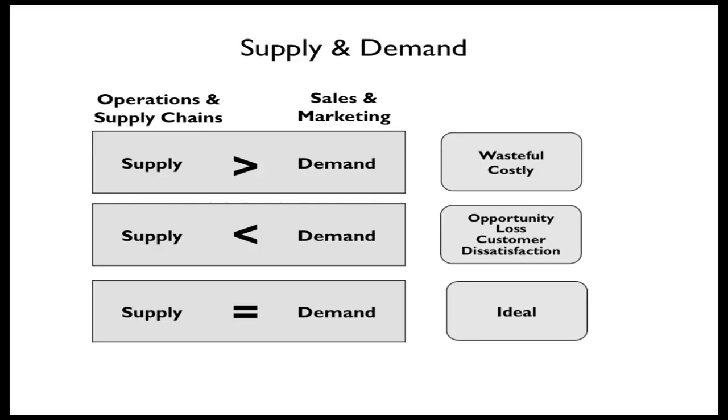So if you have way more supply than you have demand, that's wasteful and costly. If you say, well, we're going to have 100 people coming to the restaurant, we have to make a lot of food, and then you only have 10, and all that extra food, some of it is not going to be able to be used tomorrow, so that becomes wasteful.